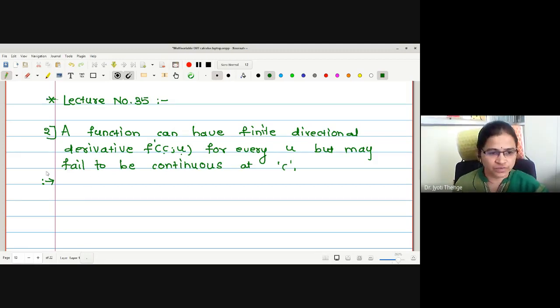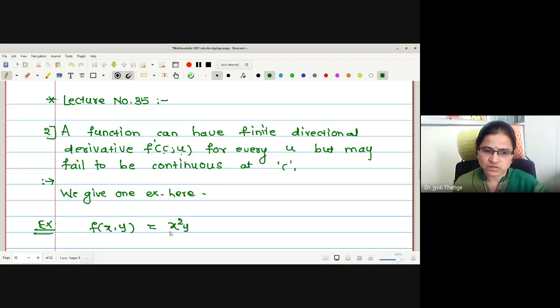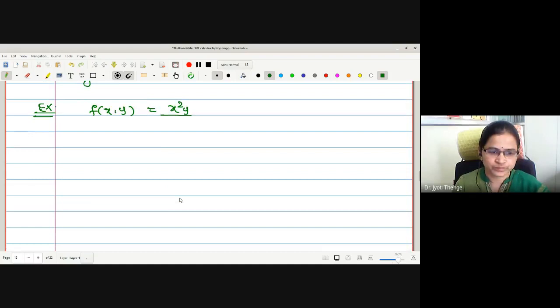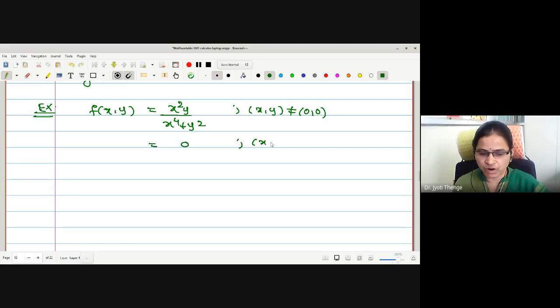Let us start with one example, a counterexample one can call it. The function is defined as f of xy equals x square y upon x raised to 4 plus y square for xy not equal to the origin, and the function is defined to be 0 for xy equal to 0, 0, that is the origin.